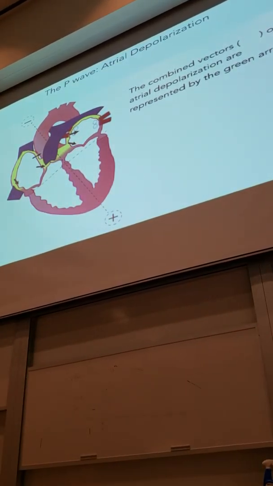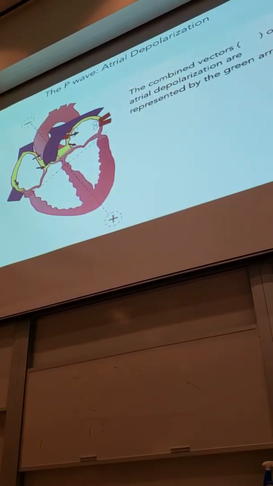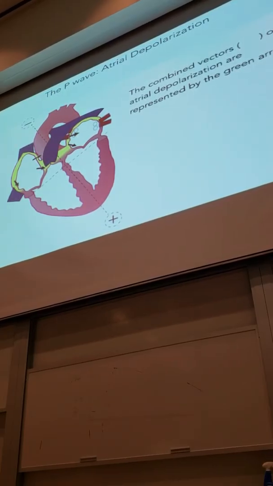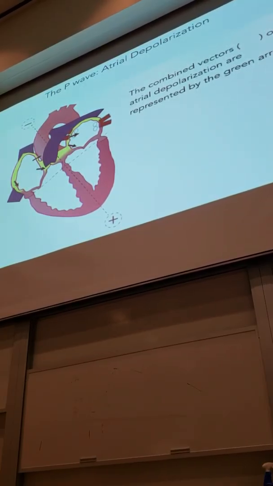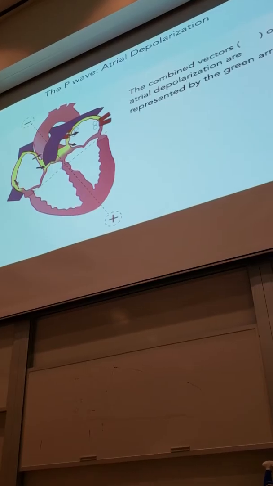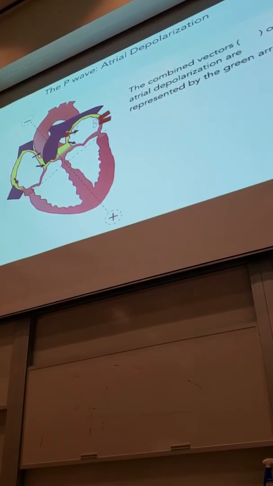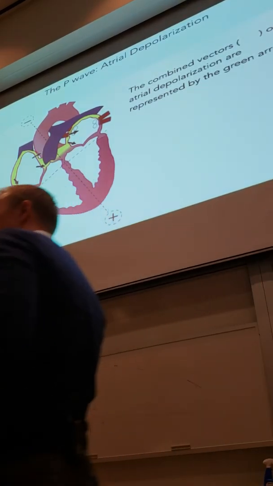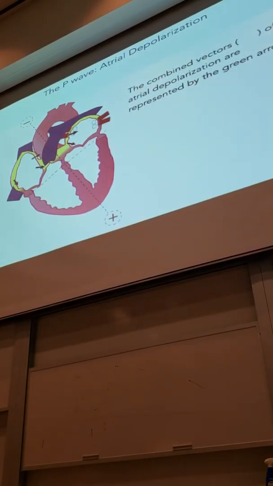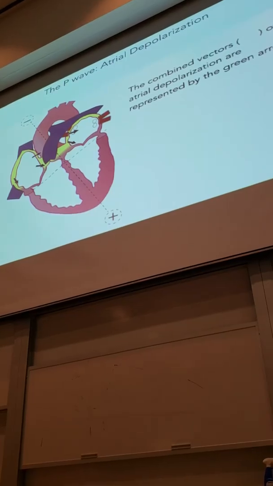And the atrium has all of these little cells connected through gap junctions, right? So what happens is that starting at the SA node, somewhere in the upper left of our figure here, we're going to have an action potential that spreads throughout the atrium. And how it spreads is very predictable. All these little black arrows show you the directions that this action potential is spreading.